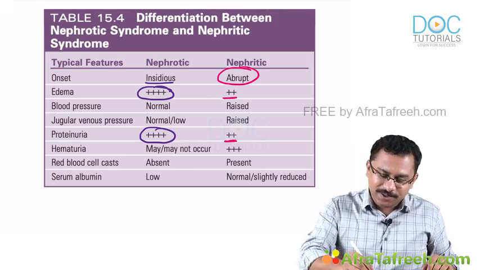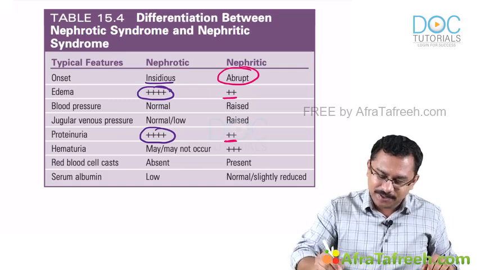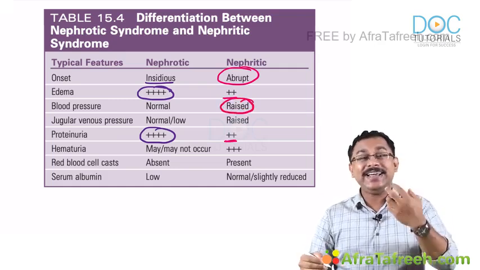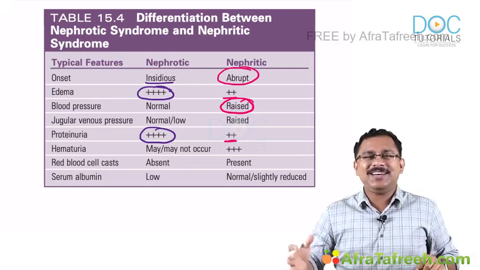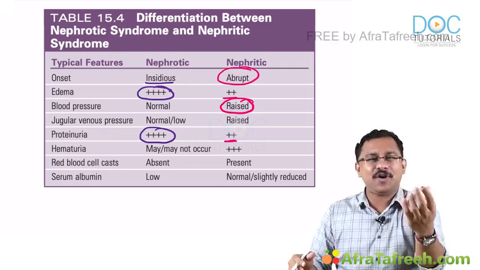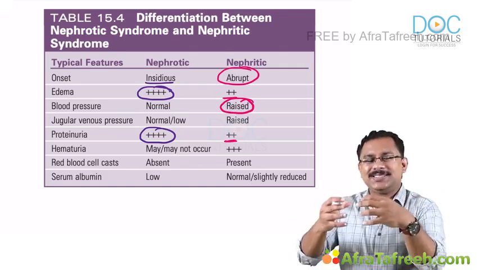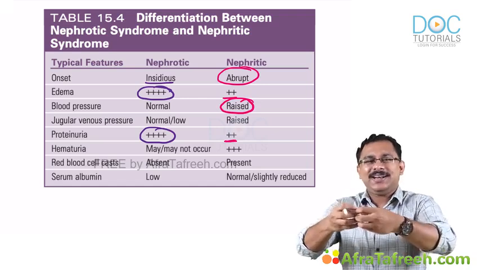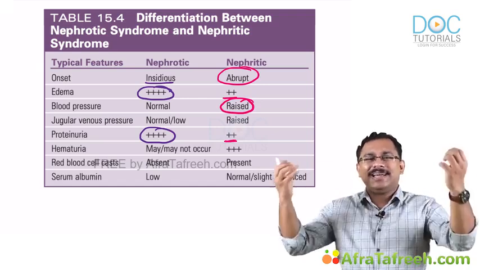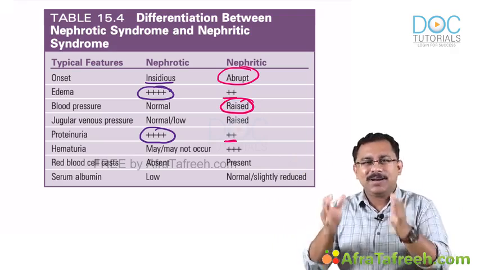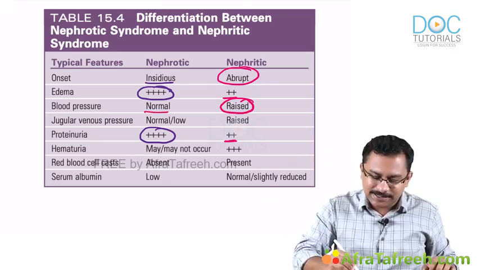And very, very important, blood pressure. Blood pressure is raised in case of your nephritic picture, whereas in case of nephrotic syndrome, usually there is a volume depletion from the intravascular compartment, it goes to the extravascular space. So the blood pressure is actually normal in such scenarios.